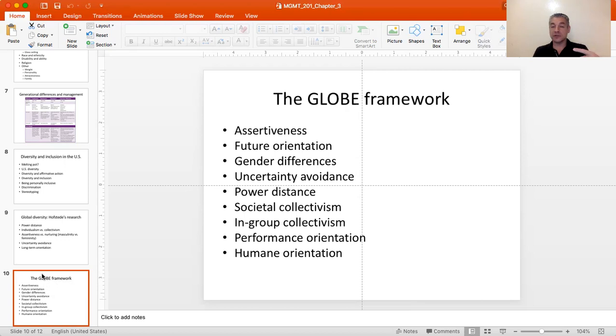It's interesting that societal collectivism and in-group collectivism are separated, because in some countries you will be absolutely rooting for your group and driven by the group values. But beyond that group, if you look at the society at large, none of that matters.